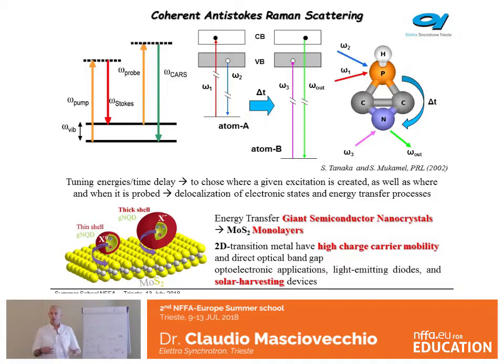So you can create your exciton on one of the atoms of the giant semiconductor and try to see how it evolves in time or moves inside the monolayer. Okay? This kind of dream, we are working on this because you need 3 different pulses with basically free energy modulation and time delay. So this is not easy, but we are working in this direction.